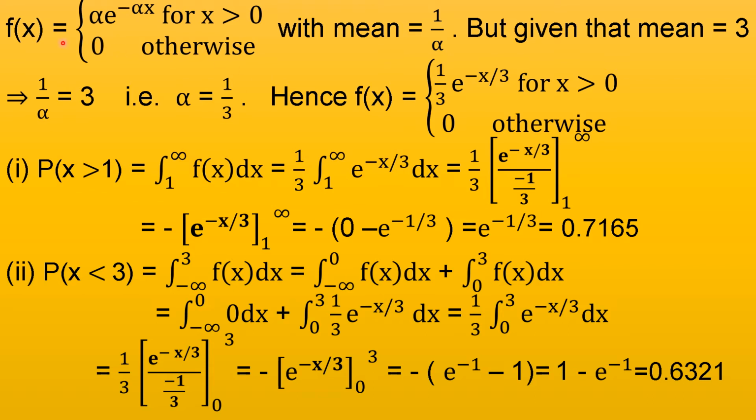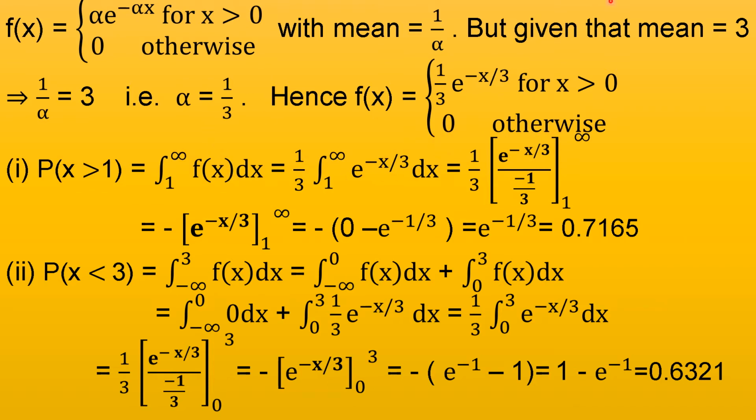Hence the probability density function f of x can be written, by putting alpha equal to 1 by 3, as 1 by 3 into e power minus 1 by 3 into x. Minus 1 by 3 into x means e power minus x by 3 for x greater than 0, and 0 otherwise.